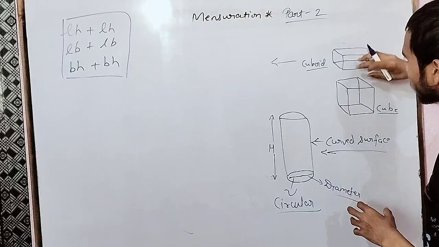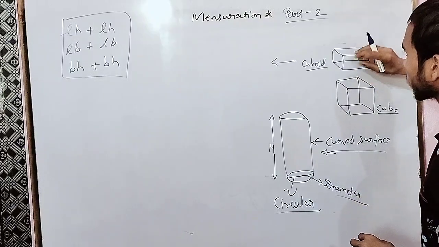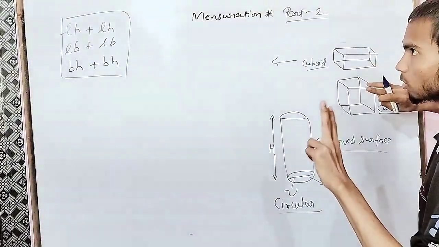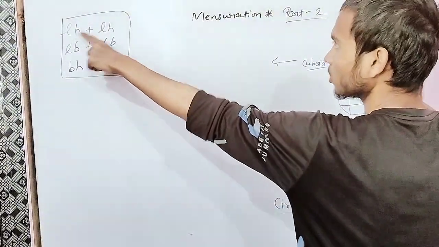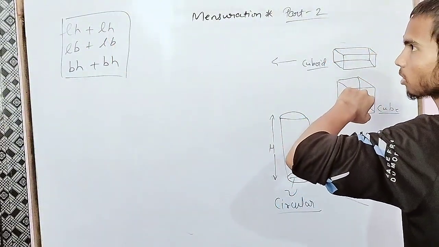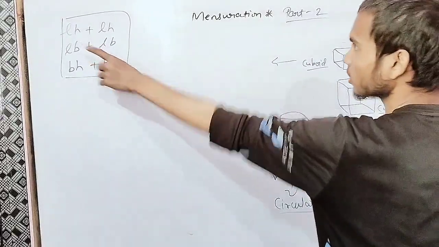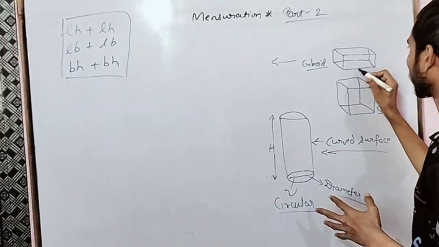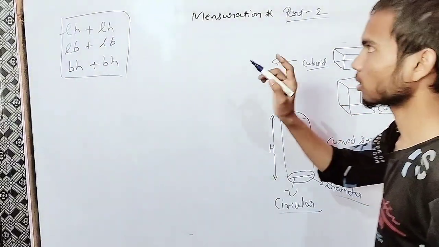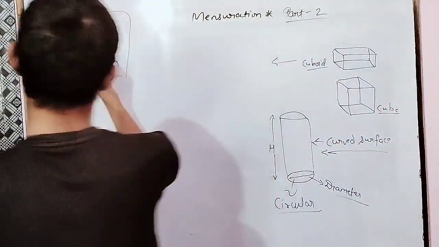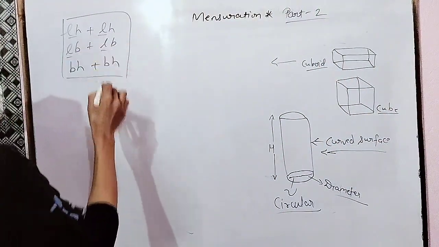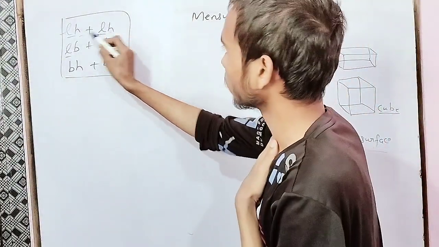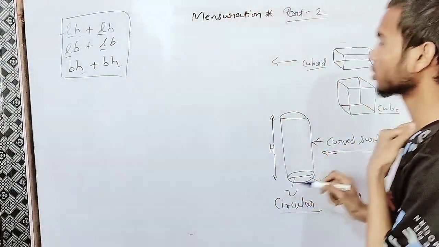Here we can see we have four times L: 1, 2, 3, 4. So we will do 2 times. With logic we are understanding this. Height is 4: 1, 2, 3, 4.